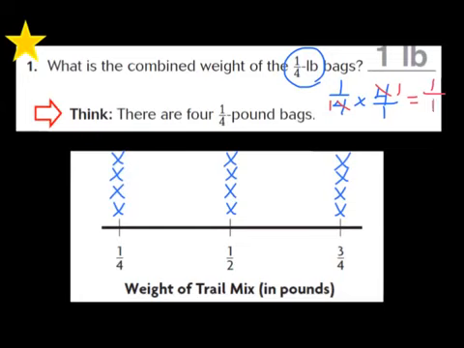And if I have the whole number 1 as my numerator, and also the whole number 1 as my denominator, I know that my answer is going to turn out to be 1 whole. So that's how we're coming up with an answer of 1 pound. So the combined weight of the 1/4 pound bags is going to be 1 pound, because 1/4 times 4 takes me to 1.